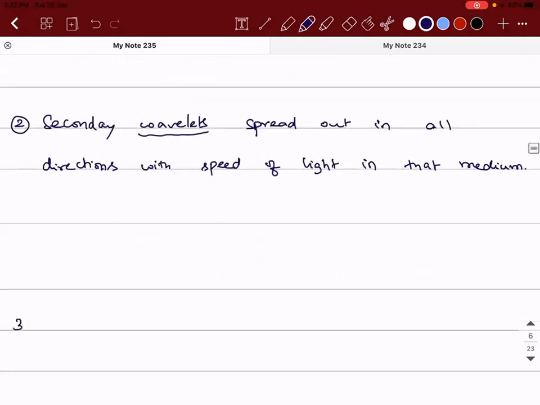Okay, and the third important point is the wavefront. Okay, I'll be more specific.